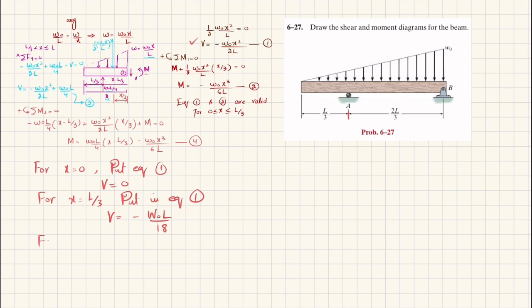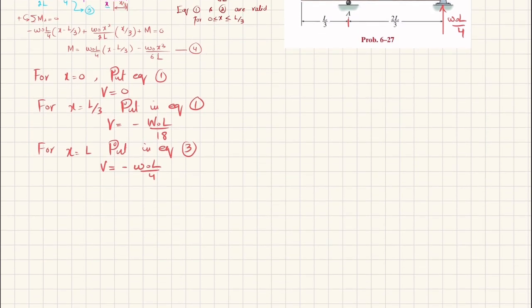Now for X is equal to L, you can put it in equation number 3, that is valid for X greater than L by 3 and less than or equal to L. So you will get V is equal to minus W naught L over 4. And at the end you can see you have RB, which was W naught L over 4, which will cause it to go to 0. Okay.